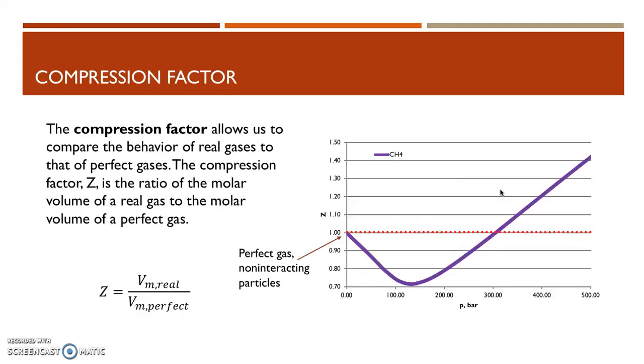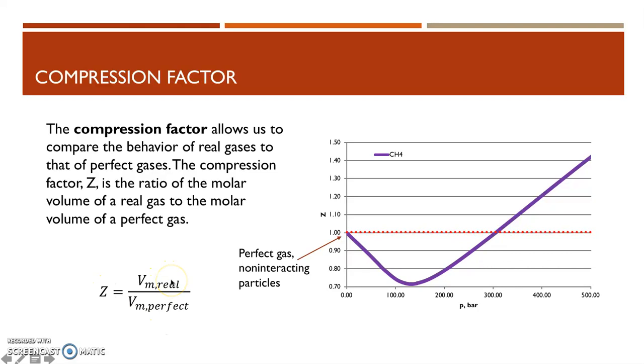And so we use the compression factor to compare the behavior of real gases to that of perfect gases. The compression factor Z is the ratio of the molar volume of a real gas over the molar volume of a perfect gas. So if you have a perfect gas, then Z is going to equal 1.